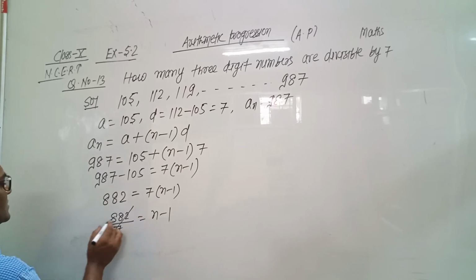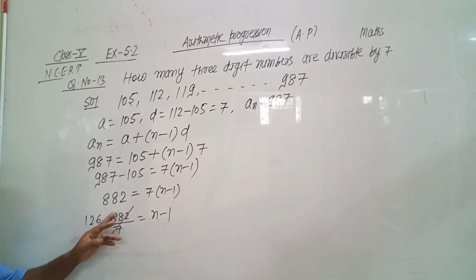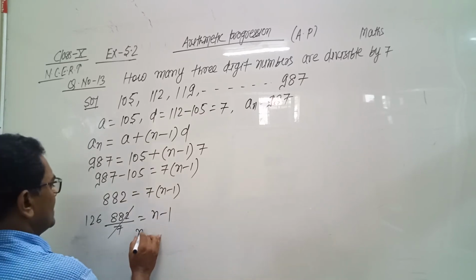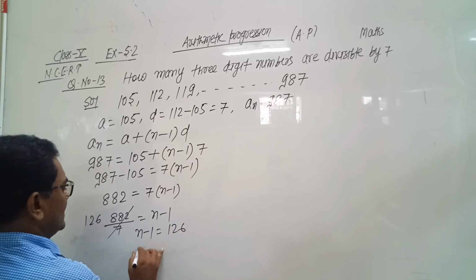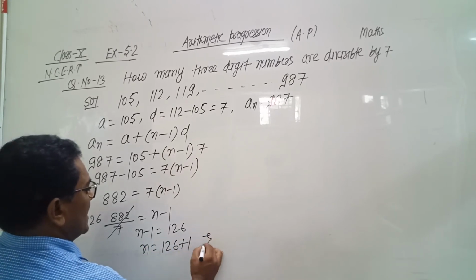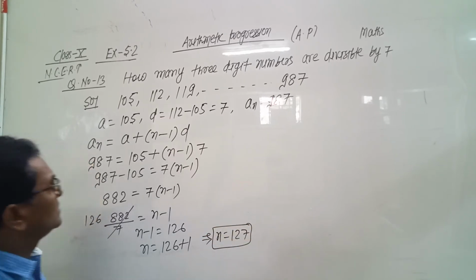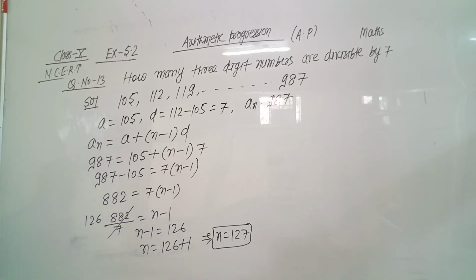And we get 882 divided by 7 is 126. So N minus 1 equals 126, and the value of N comes to be 126 plus 1, means N equals 127. So there are 127 terms.